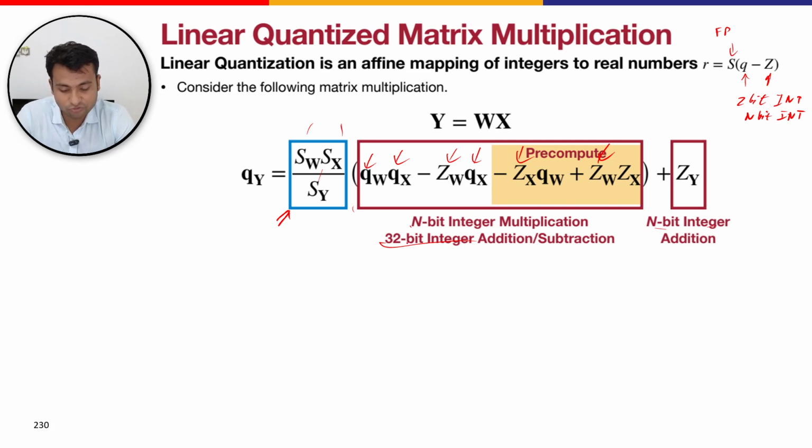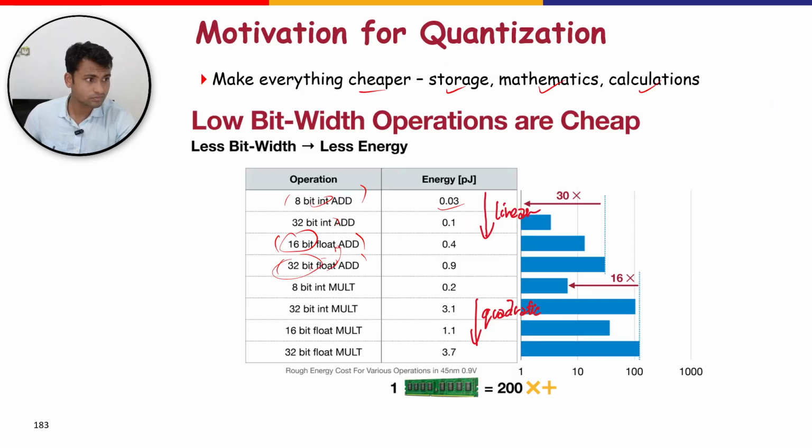But for now, first of all, understand that we are saving a lot of computation. Instead of doing 32-bit int multiplication, we're just doing an n-bit integer multiplication, and you had seen in the original diagram, let me just show that to you at this point in time. This is the thing I am referring to, right?